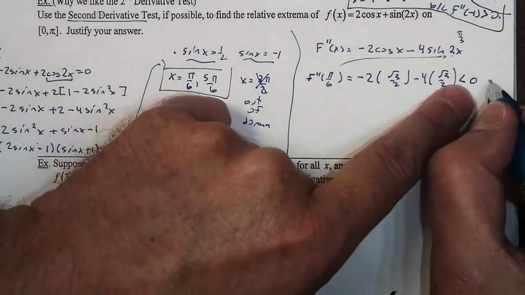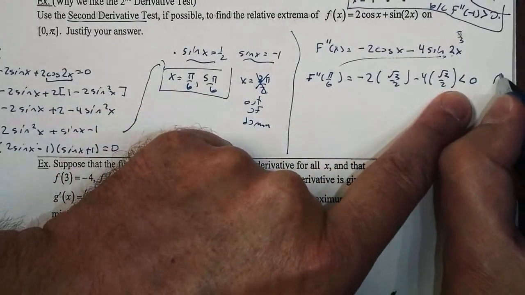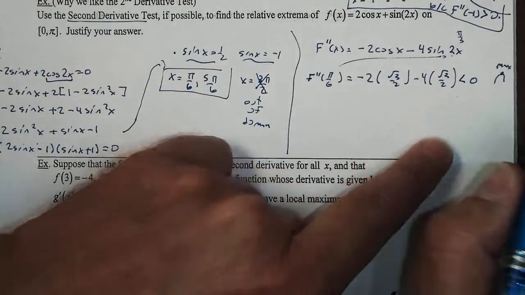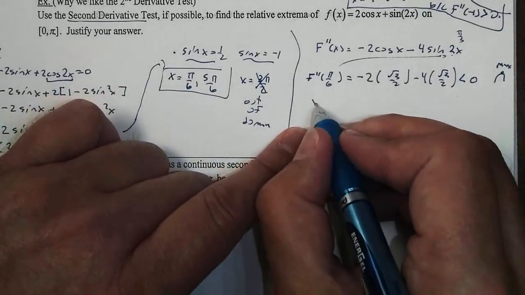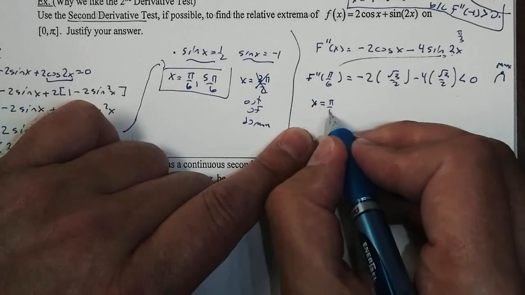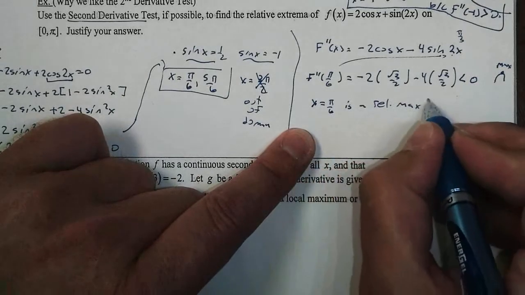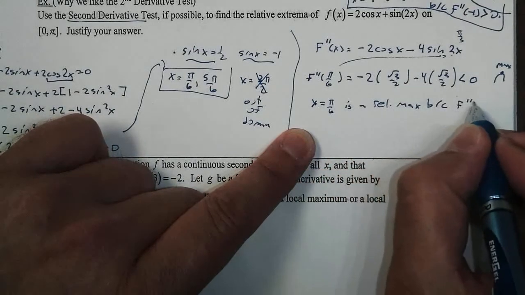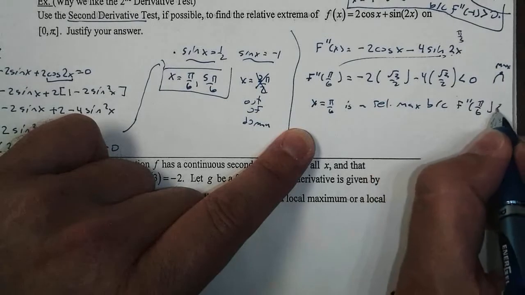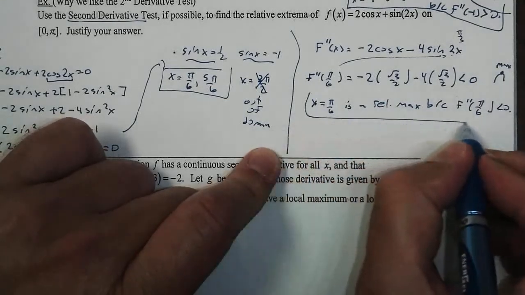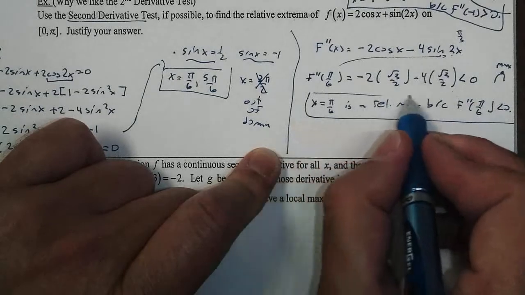So this is going to be concave down. We have a max. So we can say x equals pi over 6 is a relative max, and that is because the second derivative at pi over 6 is less than 0. And that's all we have to do.